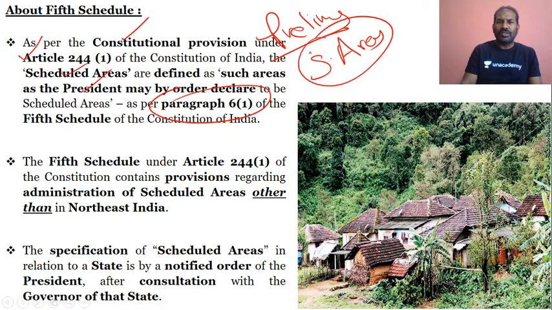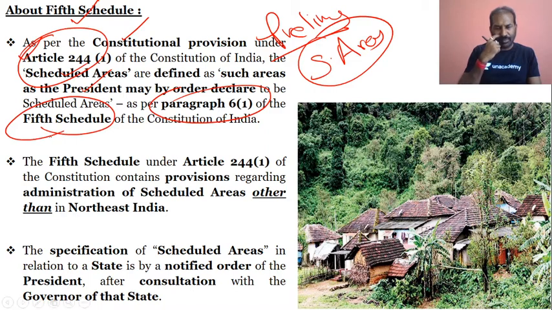So there is a possibility that a question could be framed on the scheduled areas, and the fifth schedule could be a probable question. As per article 244(1), the scheduled areas would be defined by the president by an order, as per paragraph 6(1) of the fifth schedule. This is very, very important for prelims.